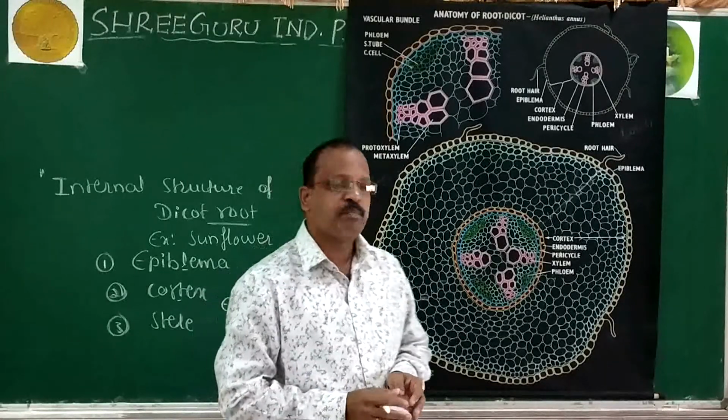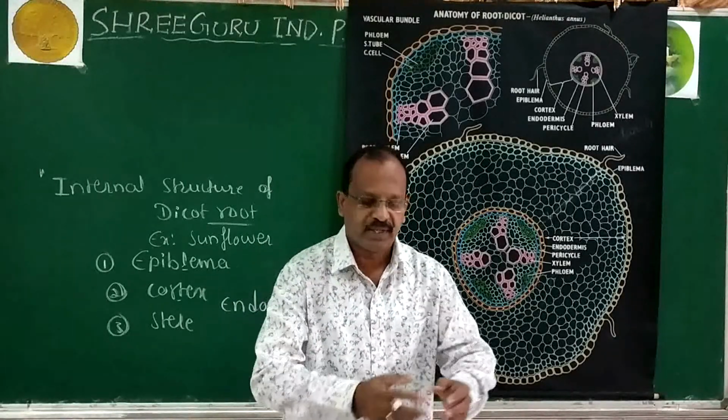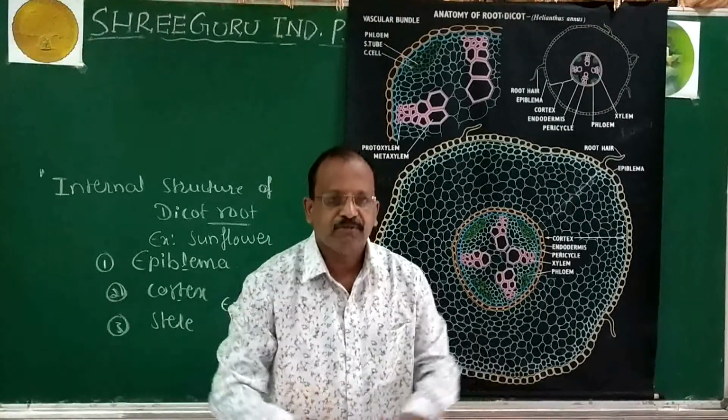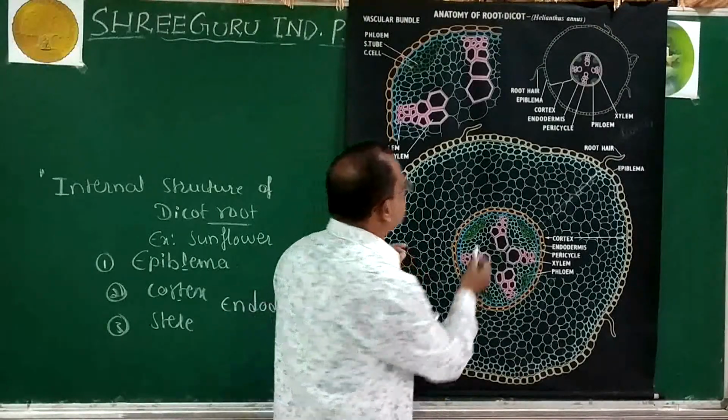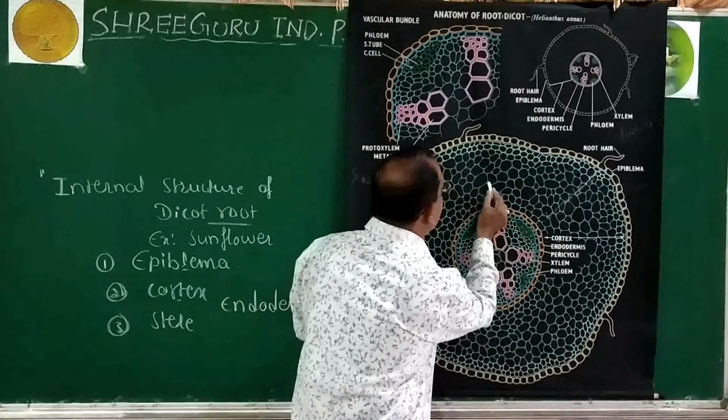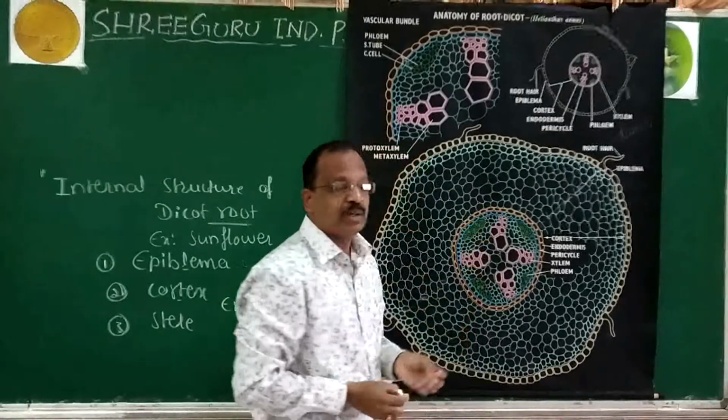It is made up of parenchymatous cells. Cells are loosely arranged with intercellular space.